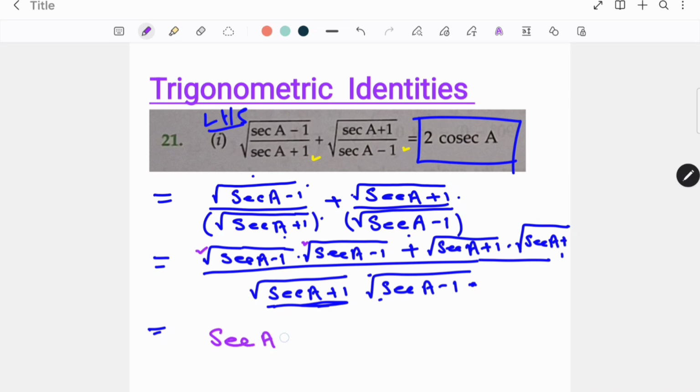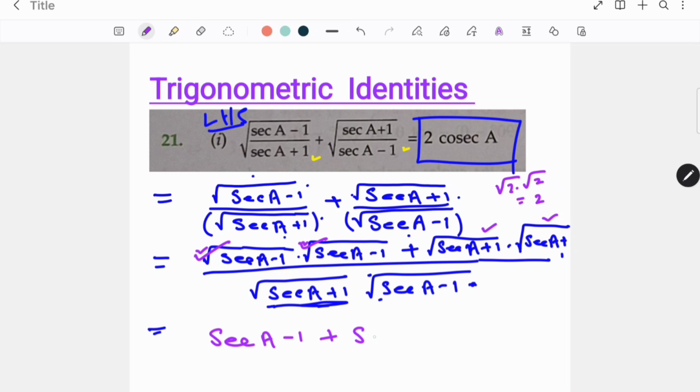sec A minus 1, because this sec A minus 1 and sec A minus 1 under the root, 2 times multiplication, the root will be removed. Here also the same thing: this sec A plus 1 and this sec A plus 1 will be under the root and multiplied, so the root will be removed. As we know, root 2 times root 2 gives only 2.